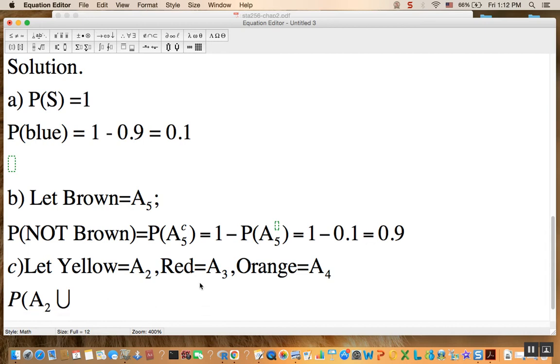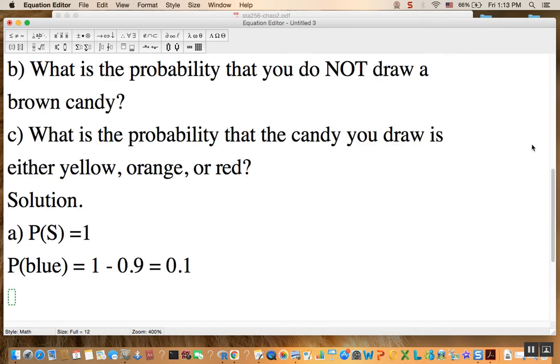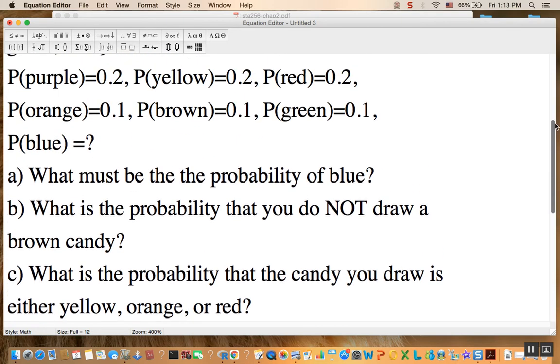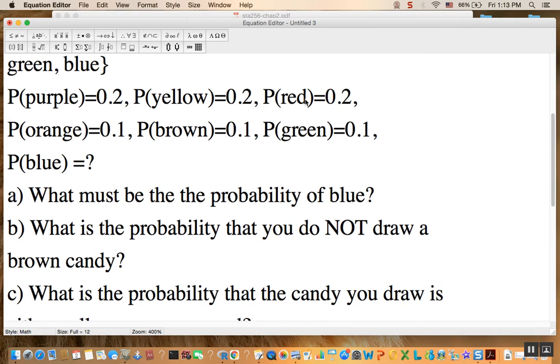So A2 union A3 union A4. And then what's the probability of yellow or red or orange? What you would do is just add these numbers up, right? The information that we already have here. The probability of yellow plus the probability of red plus the probability of orange.